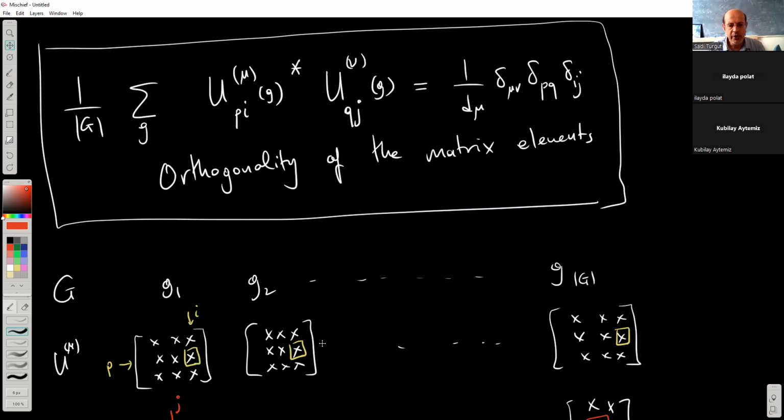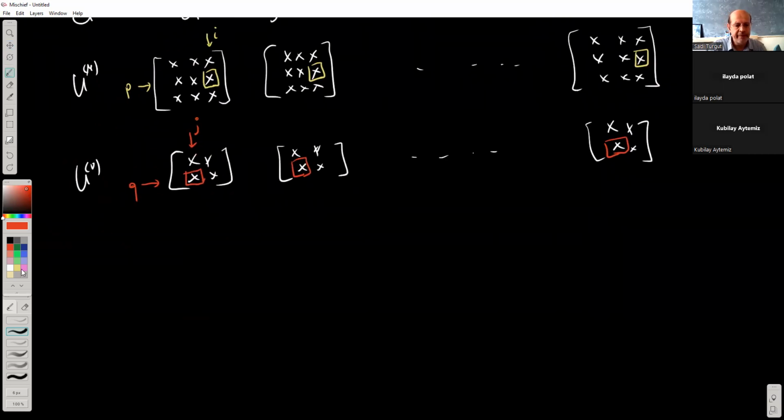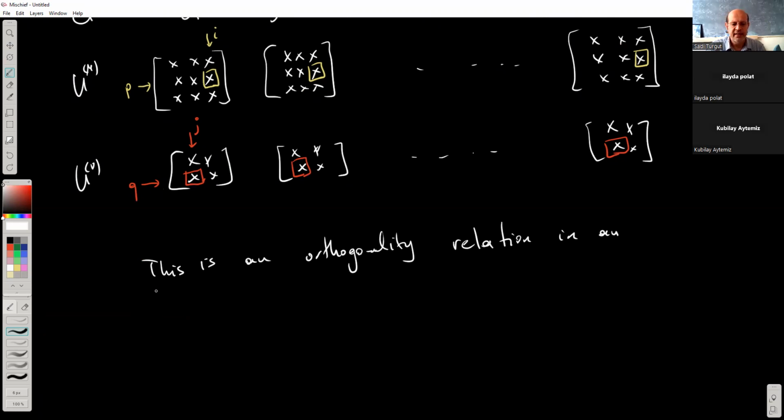Okay, so in any case, there's one important thing in here. This is an orthogonality relation. Orthogonality means perpendicularity. It is a relation in a G-dimensional vector space. This is just a mathematical vector space.